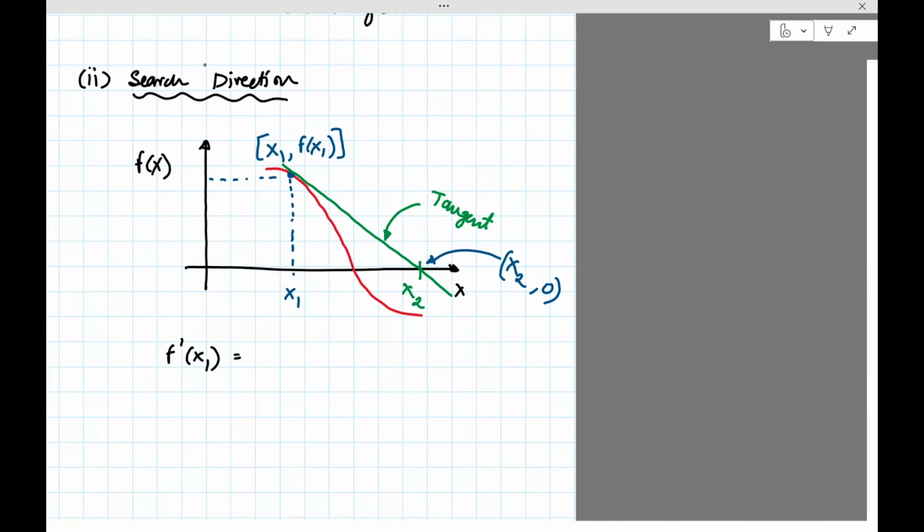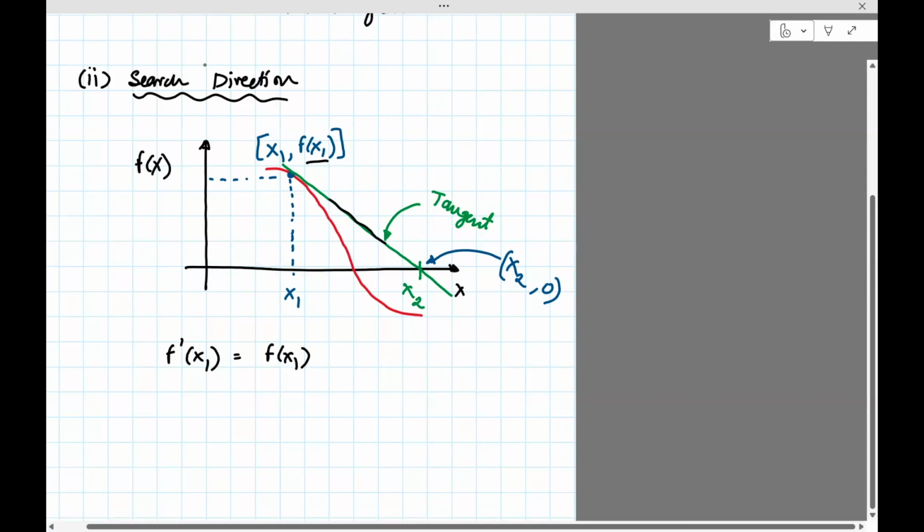But the slope can be found another way. We can actually use this line to find the slope. To find the slope, you take the difference between the y coordinates of those 2 points. So here the y coordinate is f of x1. The y coordinate here is 0, divided by the x coordinate of the first point, x1, minus the x coordinate of the second point. So that's also another way of figuring out the slope.